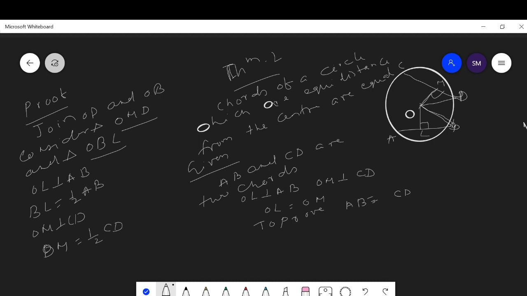As per the given conditions, OL is equal to OM, and OD is equal to OB as radii. OL is perpendicular to AB and OM is perpendicular to CD. This means angle OLB is equal to angle OMD, a right angle.